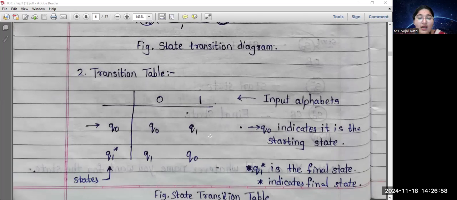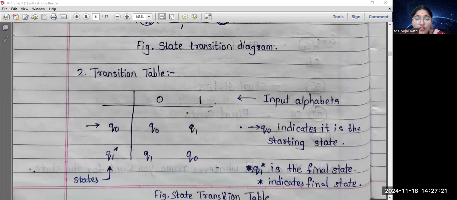So now Q0 indicates the starting state. How are we representing it in the transition table? We are writing an arrow at Q0, and a star means it is a final state.